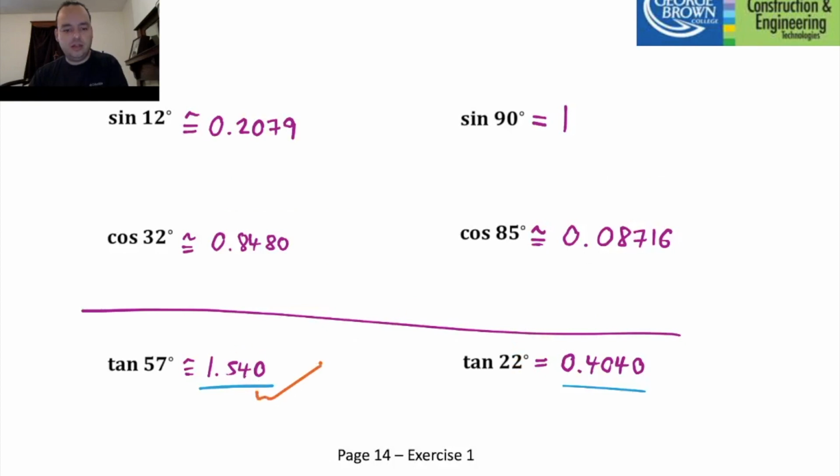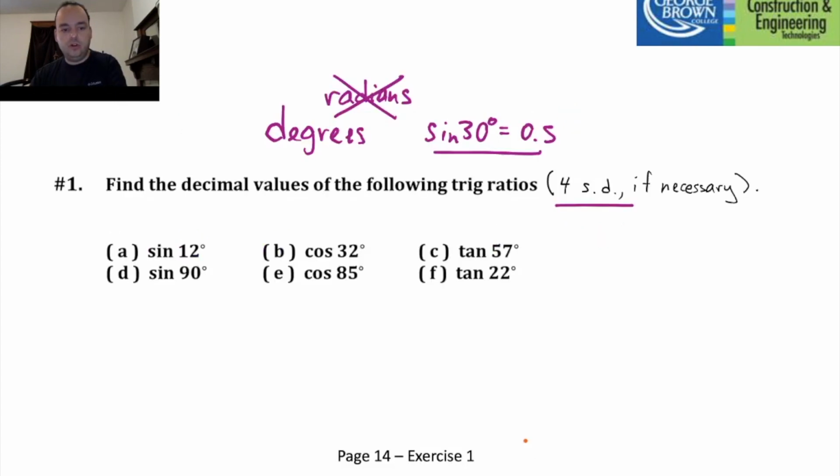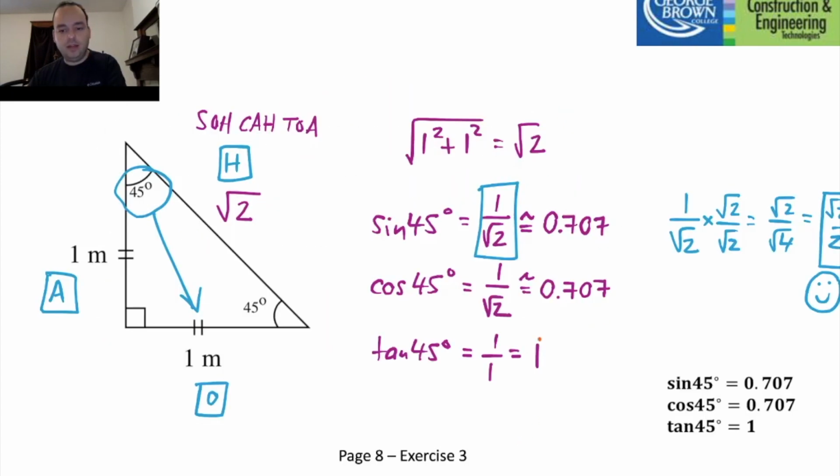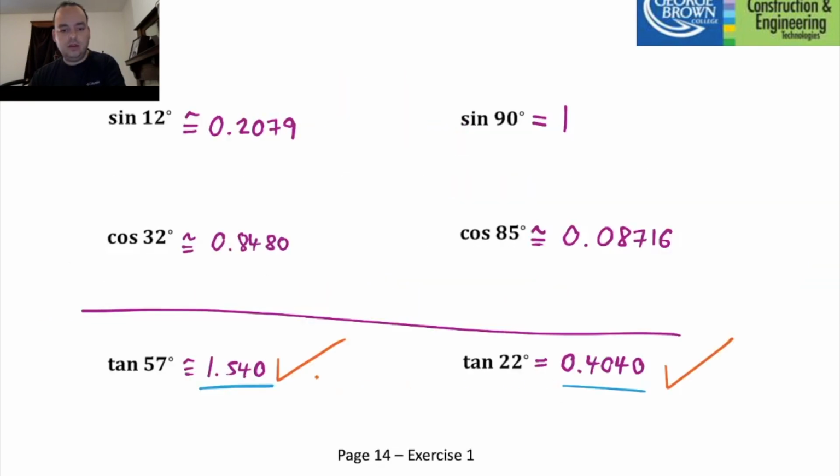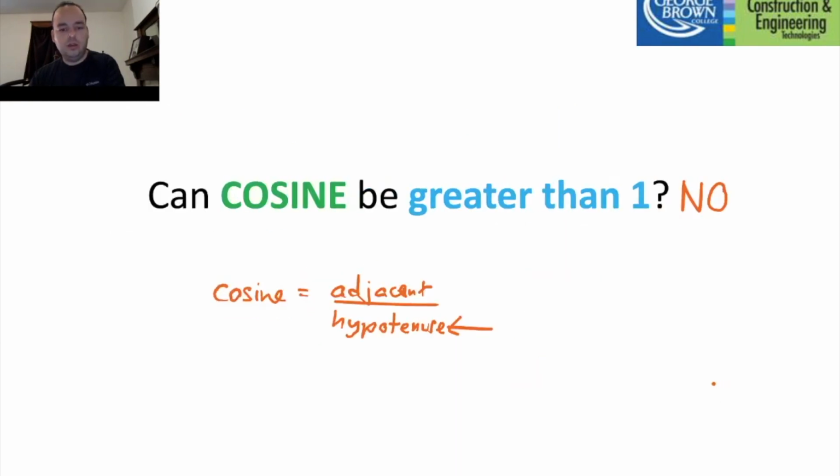See, look, tan's greater than 1 here, and then tan is less than 1 here. And if you go earlier, let's go back in time here, way back. Look at that, tan equal to 1. So you got everything. You got equal to 1 for tan. You got greater than 1. And you got less than 1. You got the whole thing.